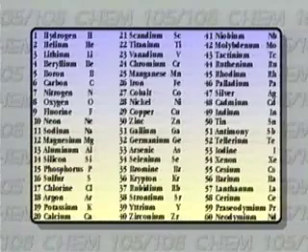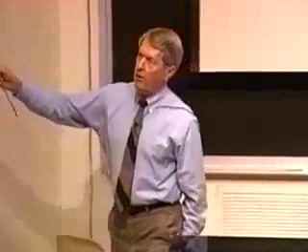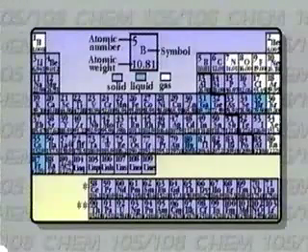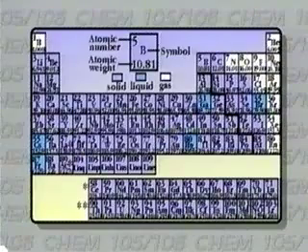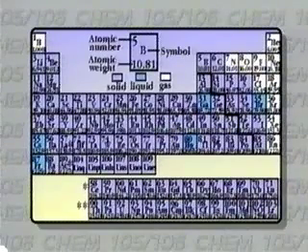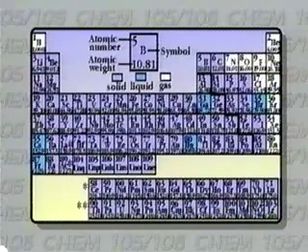But you'll notice on this periodic table that we have posted on the wall here, each of the elements has a number, upper left, that is the atomic number, and then we have the symbol. And that symbol is the shorthand or the alphabet representing that particular element.